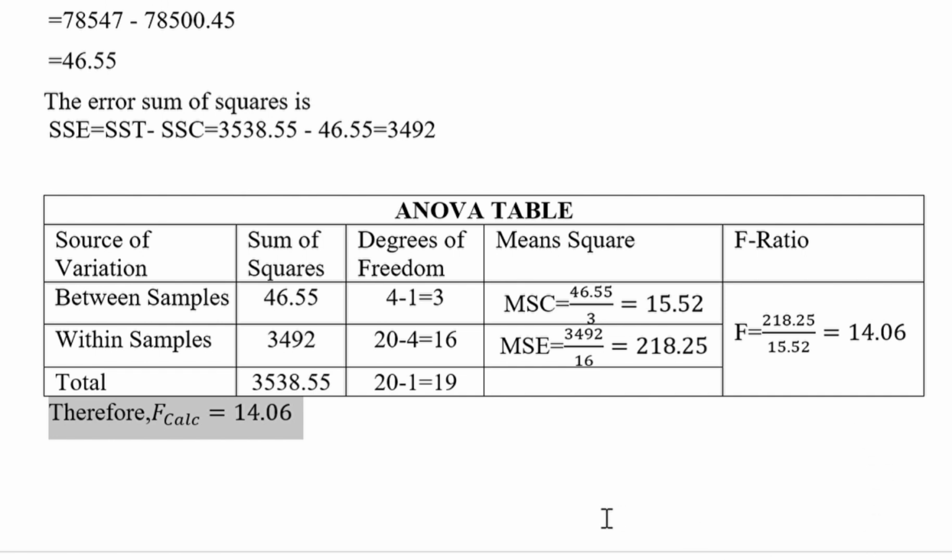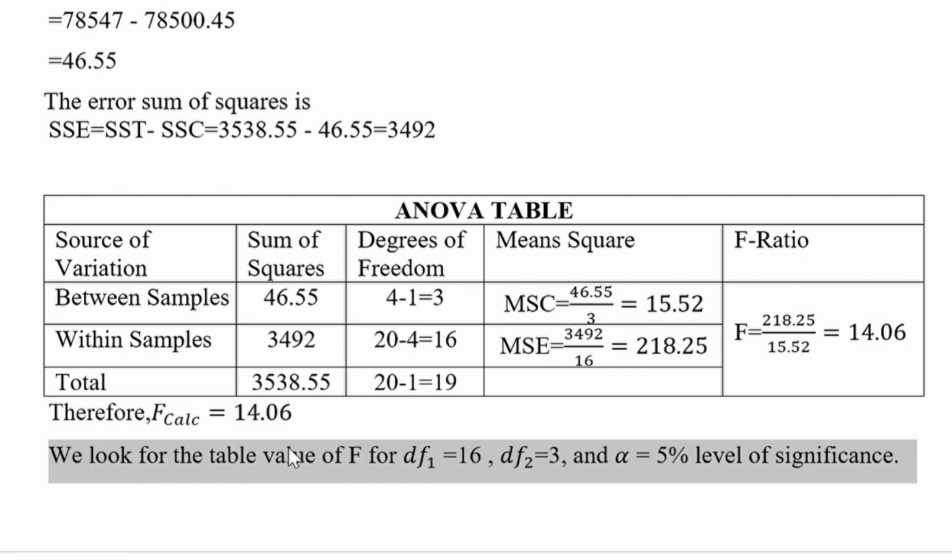Now after getting the F calculated, we go to F critical, and that's found by getting the value from the table. To do that, we need degrees of freedom. The first degree of freedom, df1, is 16. It should correspond to the value you have placed on the numerator side.